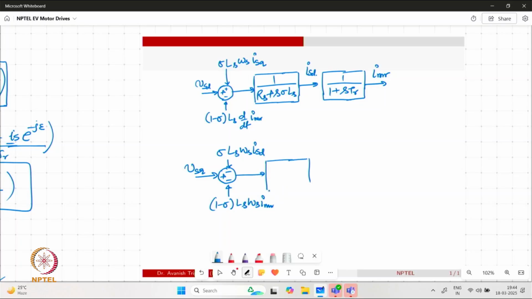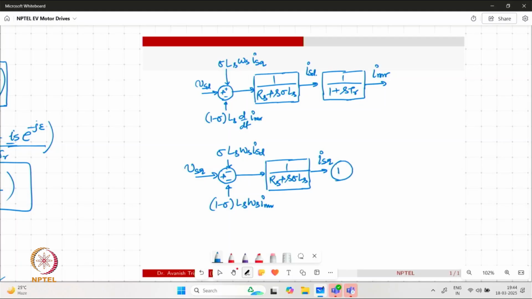Once again, the electrical model remains the same, and we have ISQ current generated after that. Now, the ISQ current basically interacts.